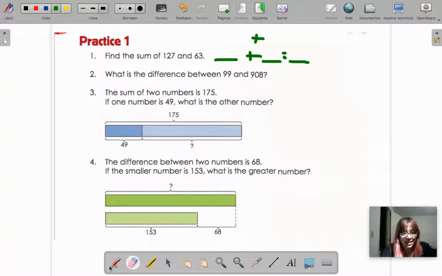Let's see. So here it says the difference between two numbers is 68. If the smaller number is 153, what is the greater number? Okay? So yes, it's exactly what I told you. Here, as you can see, they give you one part, okay?